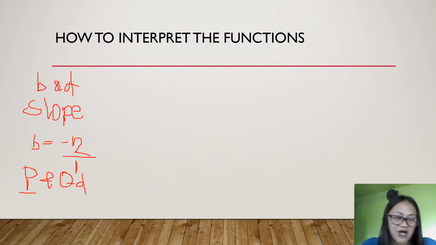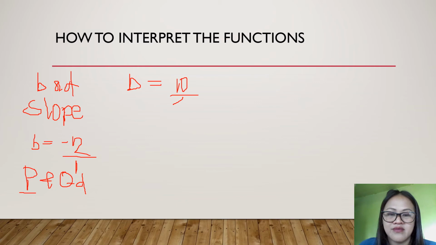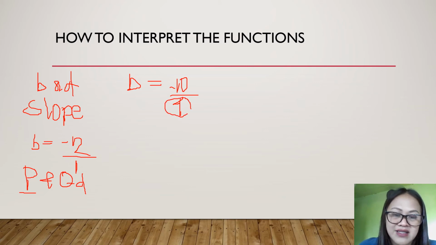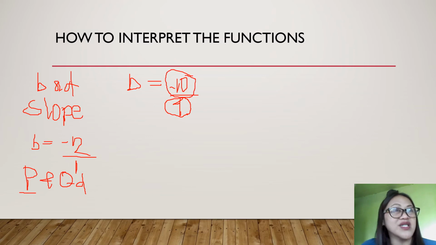Okay? Now, if we have, for example, a B value which is equivalent to, let's say, 10 over 4. Okay? So if we have a B value as that one, you could interpret that as, if the price changes by 4 pesos, then quantity is decreasing by 10 units, as indicated on this one.